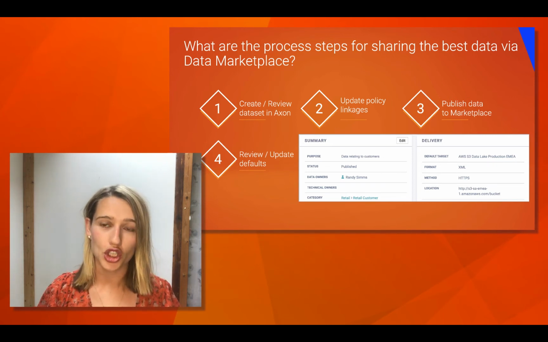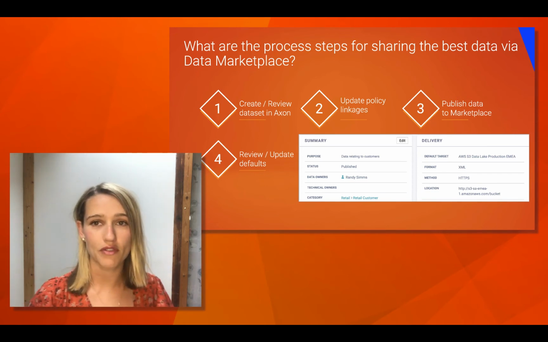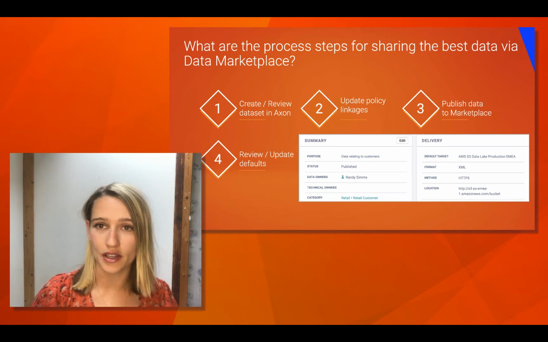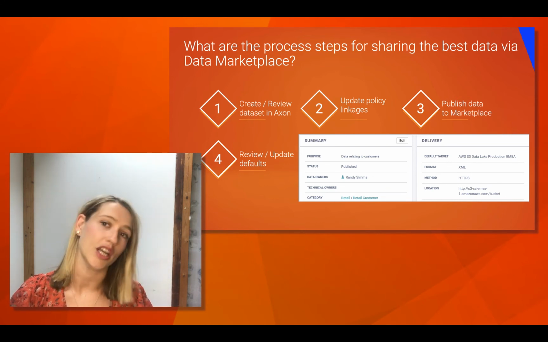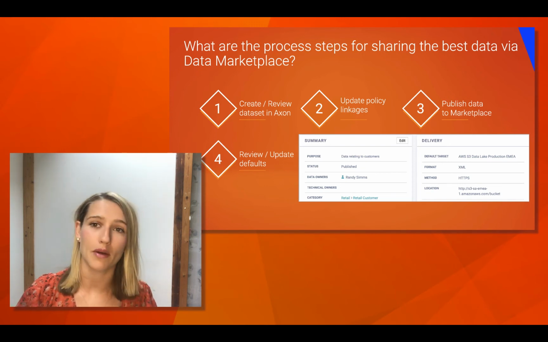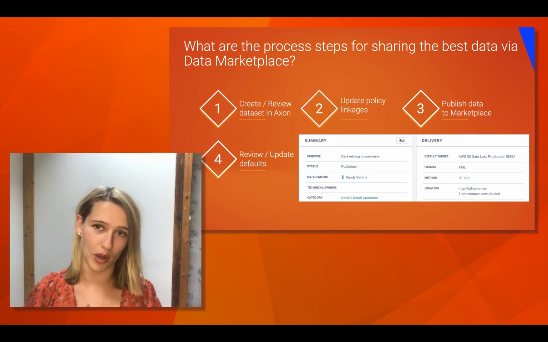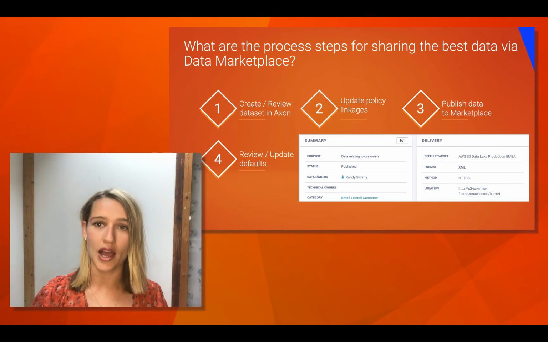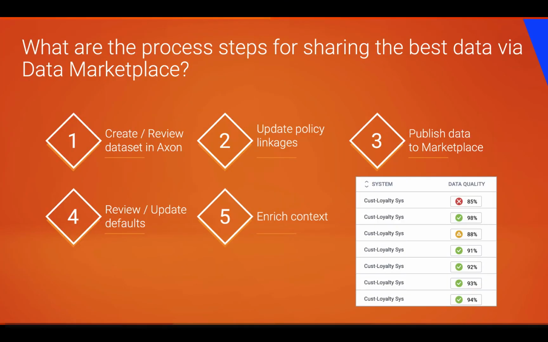You also might want to change from the default way of provisioning the data. So if the data says as a default it's going to be provisioned via a data lake, but actually you have a different data warehouse that you'd rather it was coming from, that's up to you to say, look, this particular data set should be provisioned in this way, it can be provisioned in this way, and that's my preference as the data owner.